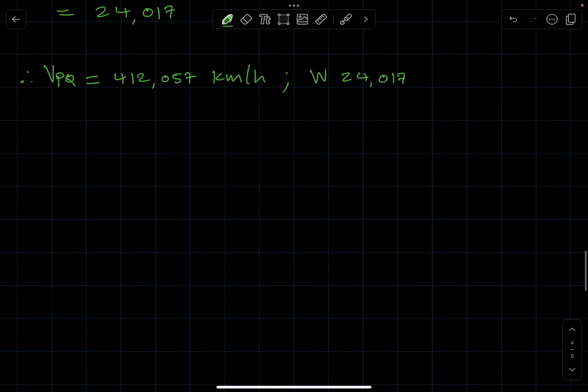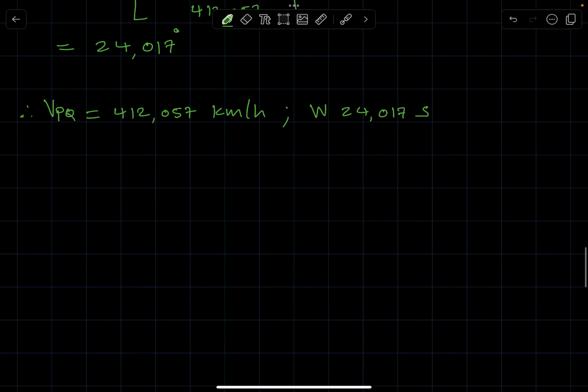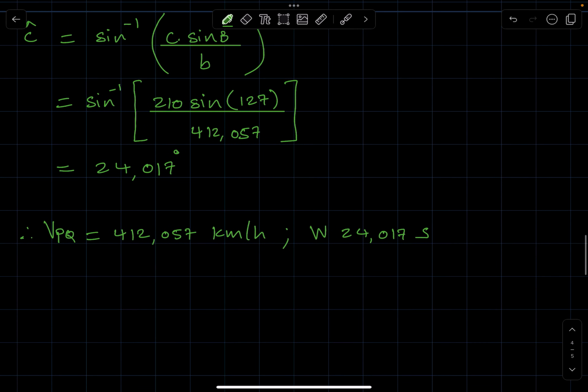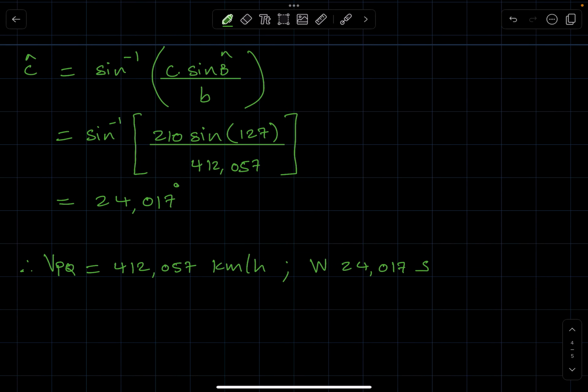So you have here south, and that becomes your answer. This is essentially how you go about solving problems based on relative velocity, using the parallelogram method.